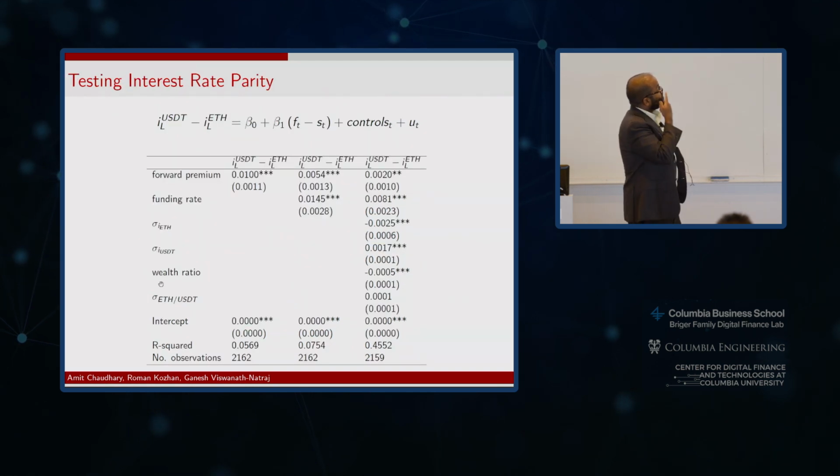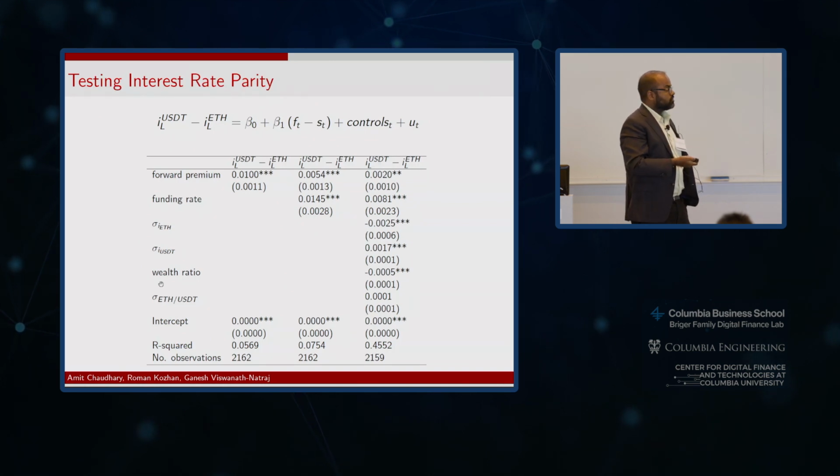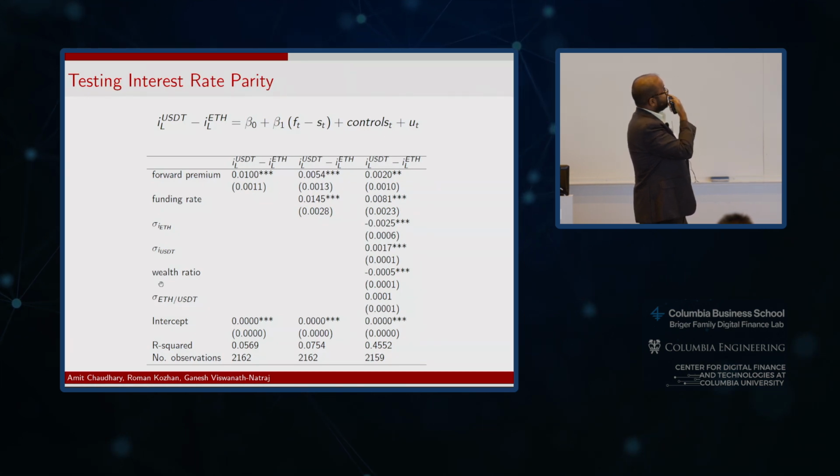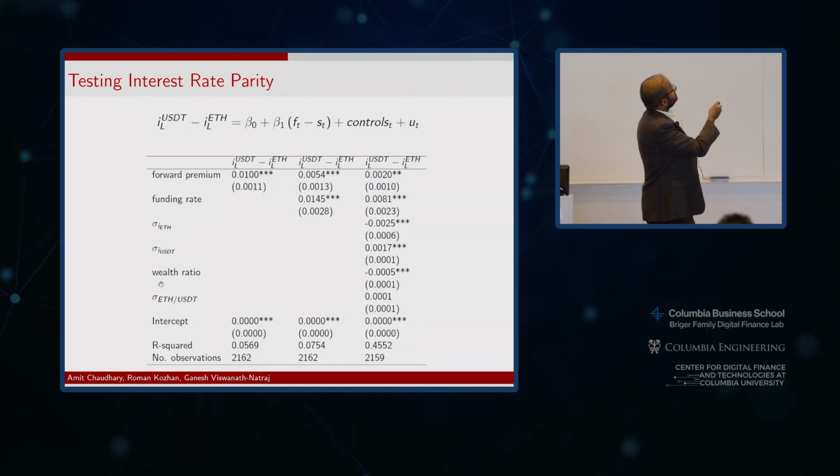The second piece of empirical evidence is looking at determinants of interest rates. Here we are looking at the interest rate difference between Tether and ETH, and testing whether it correlates with the futures premium and other controls. Now, as we can see here, it does correlate positively with the futures premium.